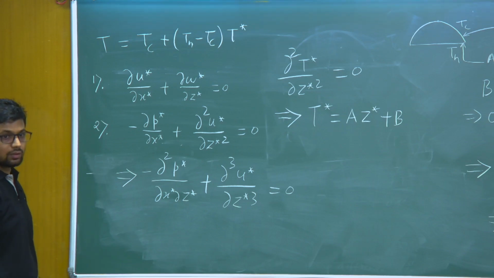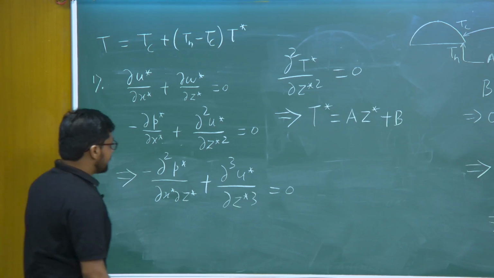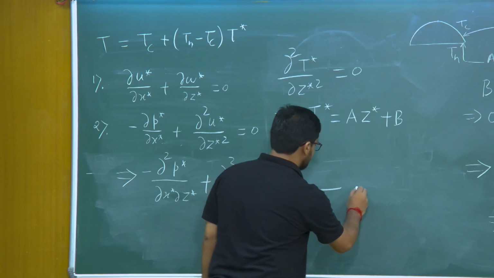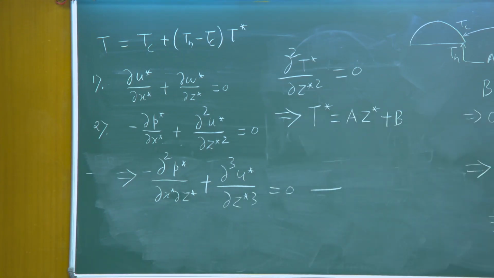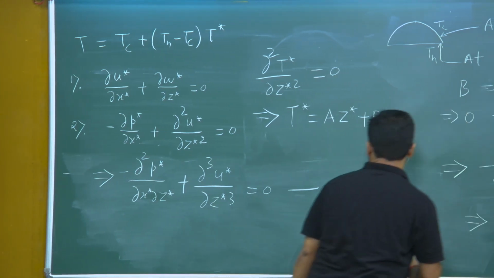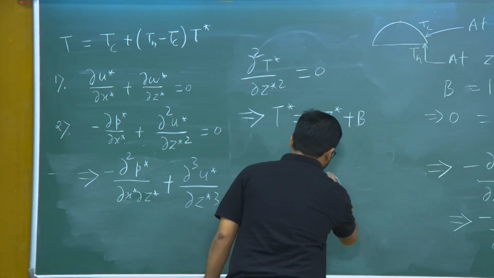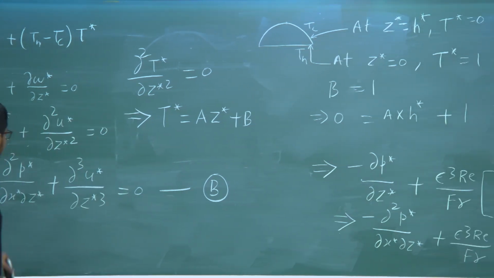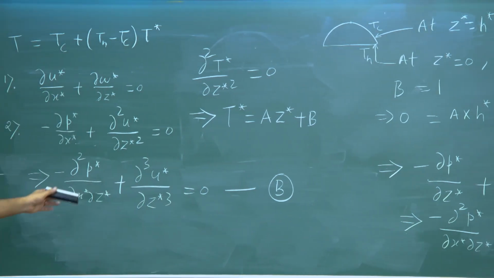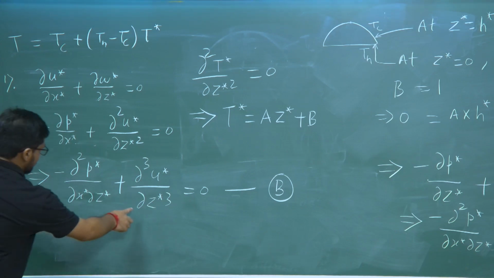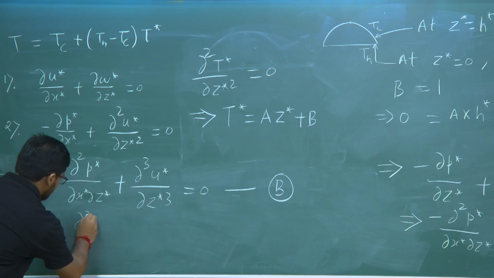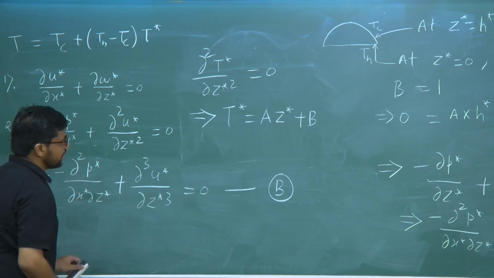Okay. So, now let me say that this equation is equation number A, and this is equation number B. So, we can subtract equation number A from B, and you will get on the LHS dou cube, let me write it here.